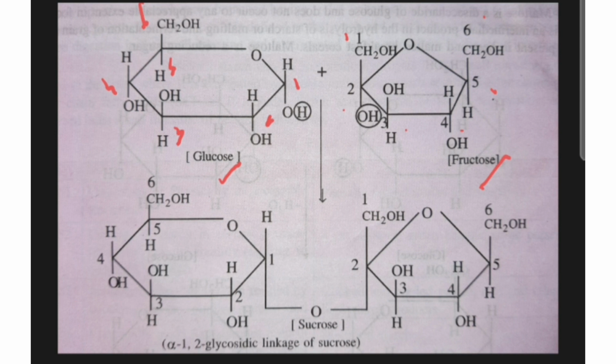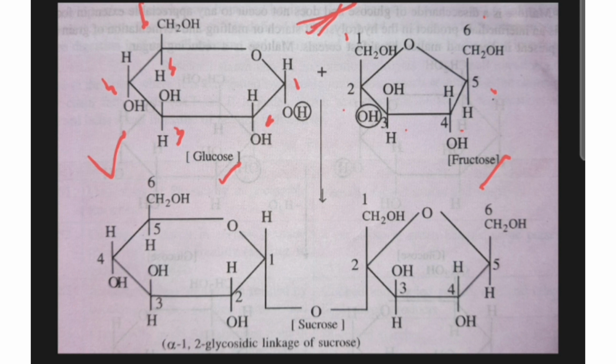In both Haworth ring structures, they are joining together, forming the glycosidic linkage, and finally forming the sucrose. The glucose is present in the proper shape, but the fructose is present reversely. That means the one that is up is on this side.